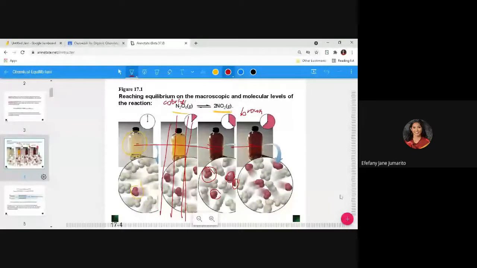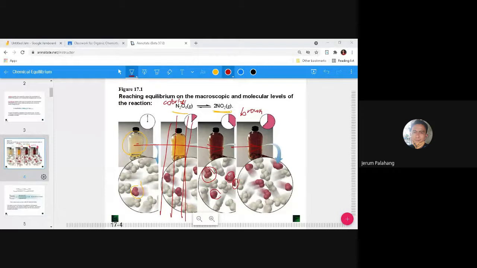Okay, container 2, class. Is container 2 balanced, or at equilibrium? Not yet, ma'am. Okay, not yet. So, what container has achieved its balance? Container 3 or 4, ma'am.